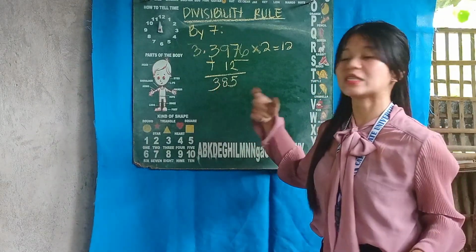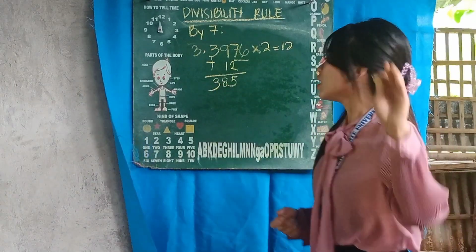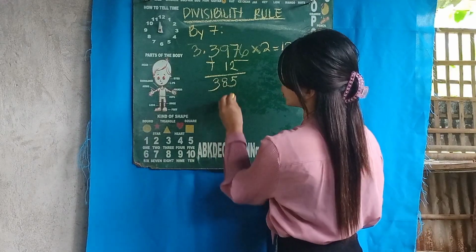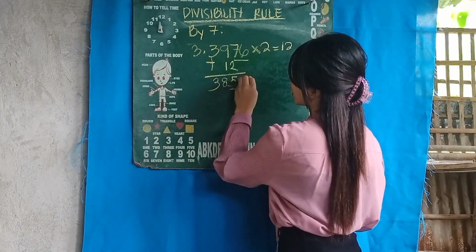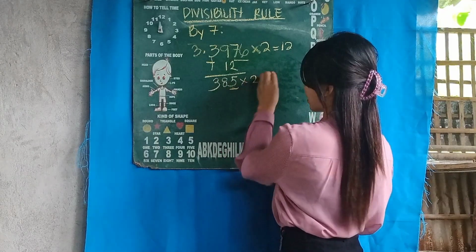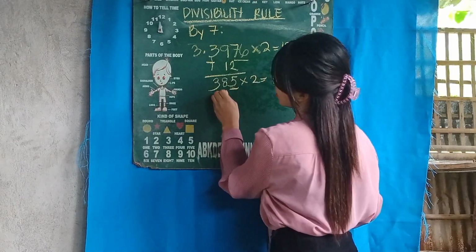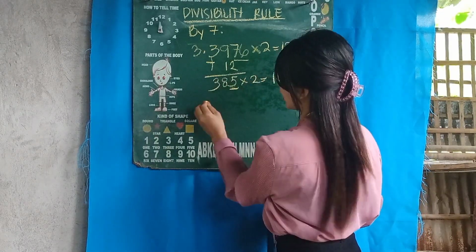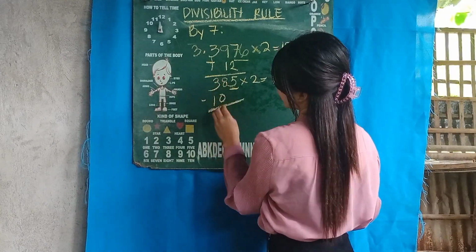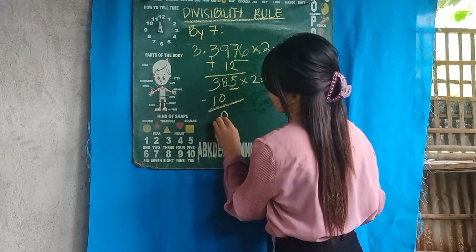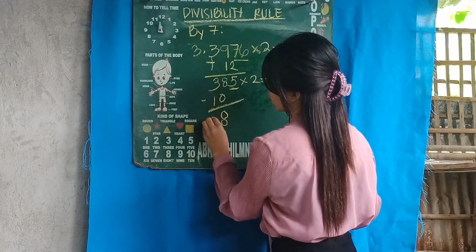So, isn't the value of the number still high? So, let's reduce it. Same process again. Double the last digit of the number, which is 5 times 2 is equals to 10. Then, the remaining is 38. We subtract 10 from 38. So, the answer is 8 minus 0 is equals to 8. Then, 3 minus 1 is equals to 2.